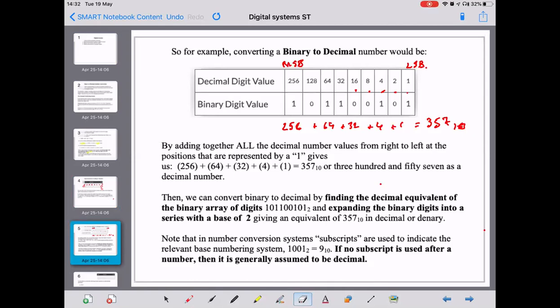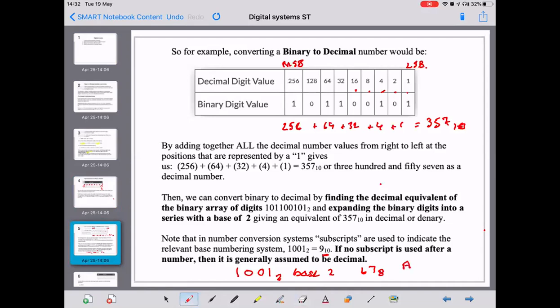Numbering system, any numbering system uses the subscript to say what the base is. So this 110001 base 2 means base 2. We don't normally put the base for numbers in a decimal system. So if you don't have a base, it's assumed to be decimal. We could have 67 base 8.